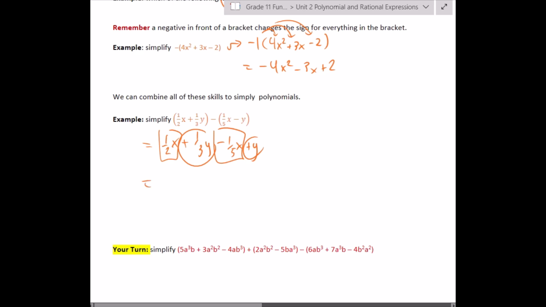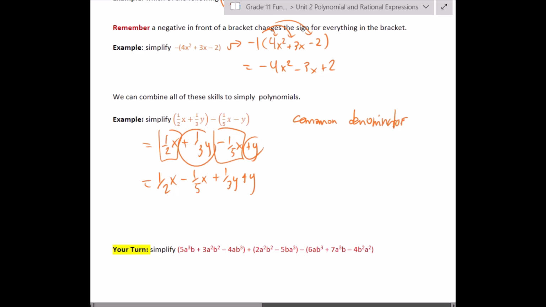Now, I like to rearrange my expression to have all of my like terms together. So I have 1/2 x minus 1/5 x plus 1/3 y plus y. Now we are adding and subtracting fractions here, so we have to remember the fraction rules, where we need common denominators in order to add or subtract.